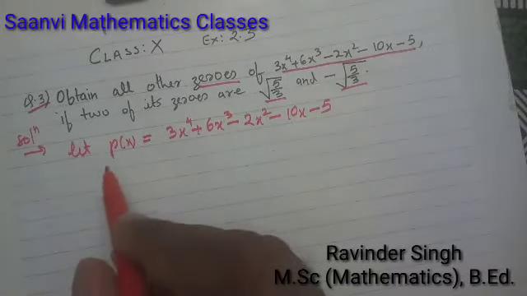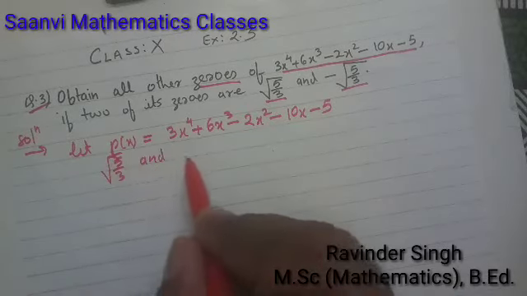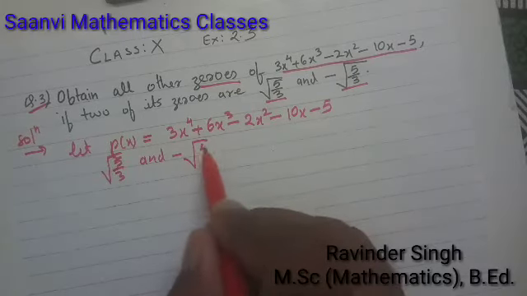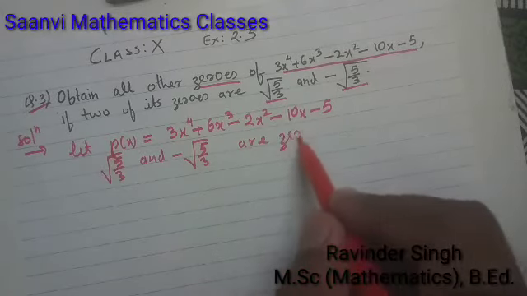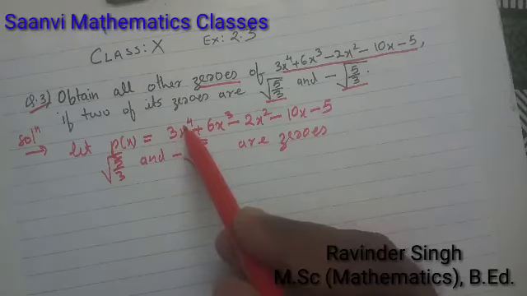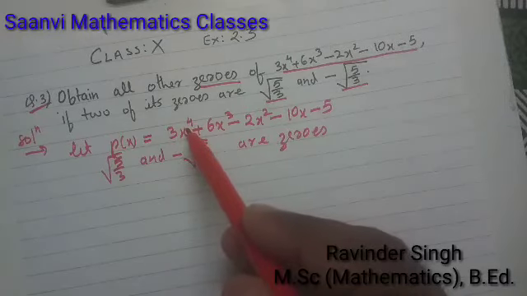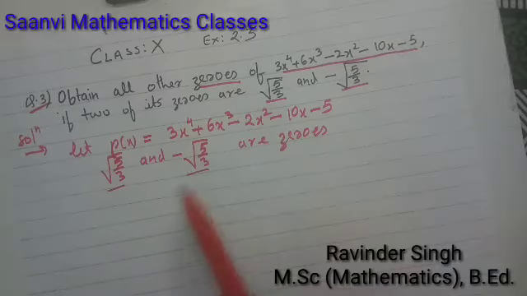And what is given? Root 5 by 3 and minus root 5 by 3. These are zeros. Here the degree of the polynomial is 4, so there should be 4 zeros, and 2 zeros are already given to you.